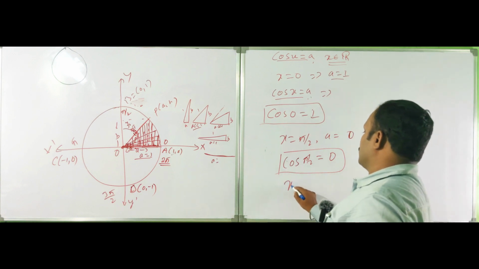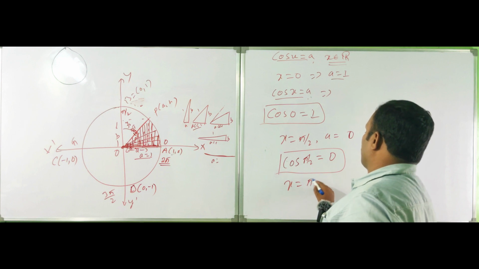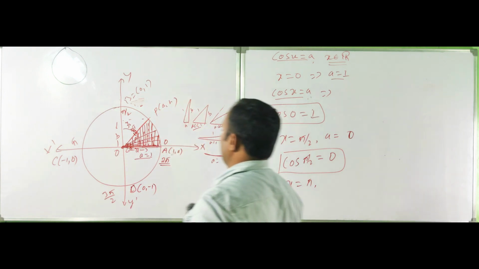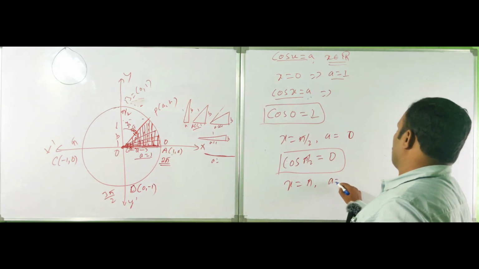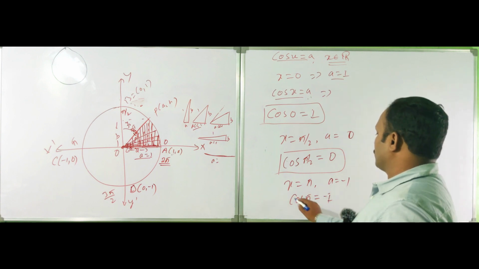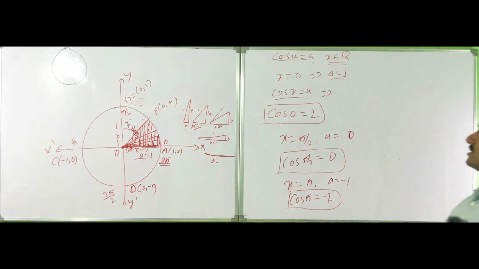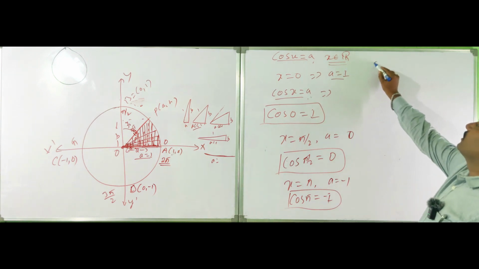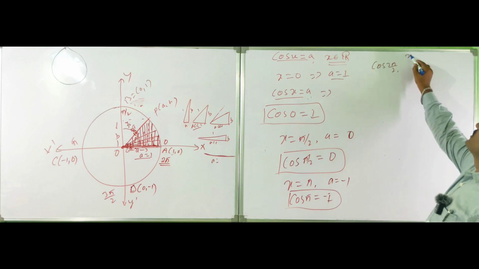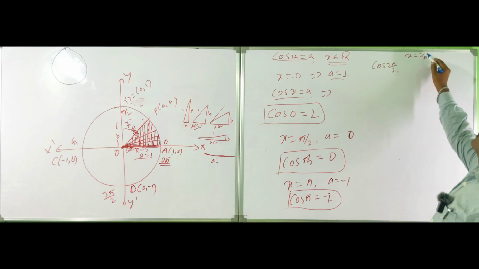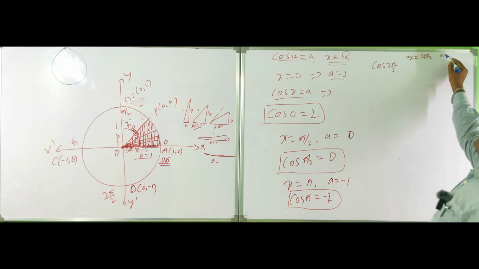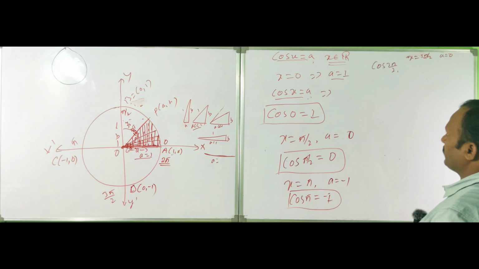Similarly, for x is equal to pi. Here, see, this is the positive direction, this is the opposite side. A becomes minus 1. Therefore, cos pi is equal to minus 1. Similarly, for cos 3 pi by 2, for x is equal to 3 pi by 2, A becomes 0, again opposite to the pi by 2.